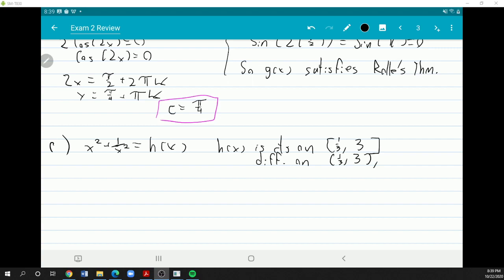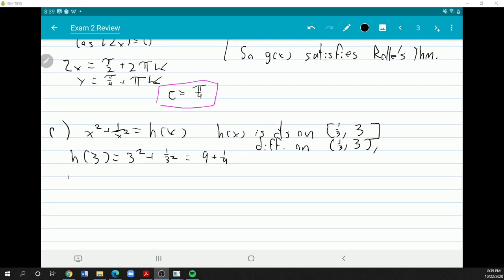And let's check. This is a cool little thing. H of 3 is equal to 3 squared plus 1 over 3 squared equals 9 plus 1/9. And I could combine like terms, but this will still work.